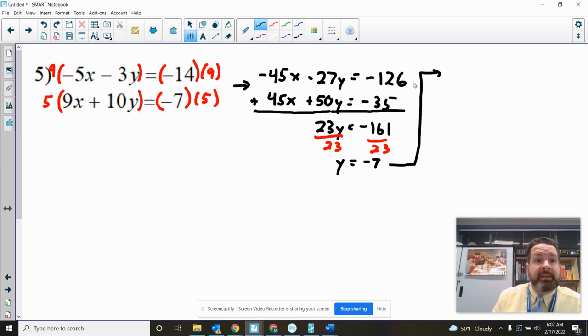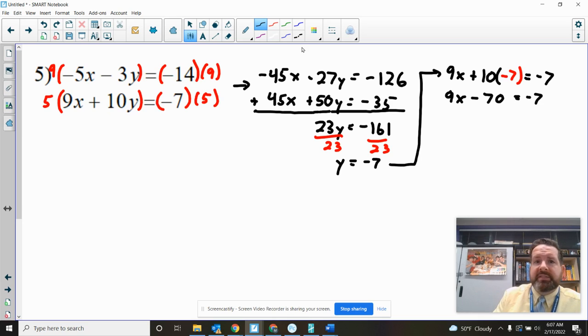Once you've got your y, I'm going to go back to one of these original equations. I think I'll choose the bottom one. Nothing special about it. You could use the top as well. I think my y is the number negative 7. So now let's simplify. Notice I'm using the original equation. So the 9x plus 10y equals negative 7. 9x, this would be minus 70 equals negative 7.